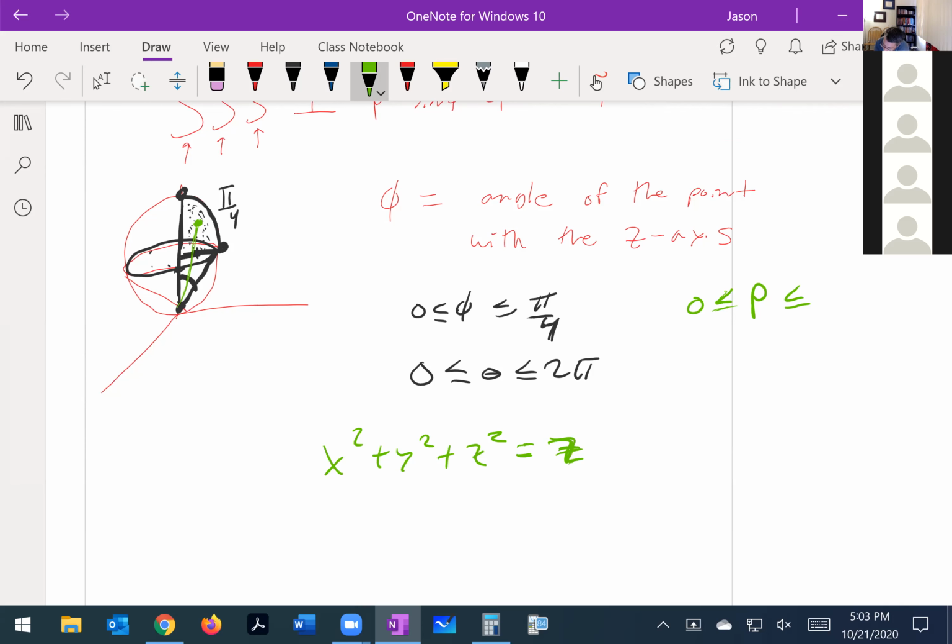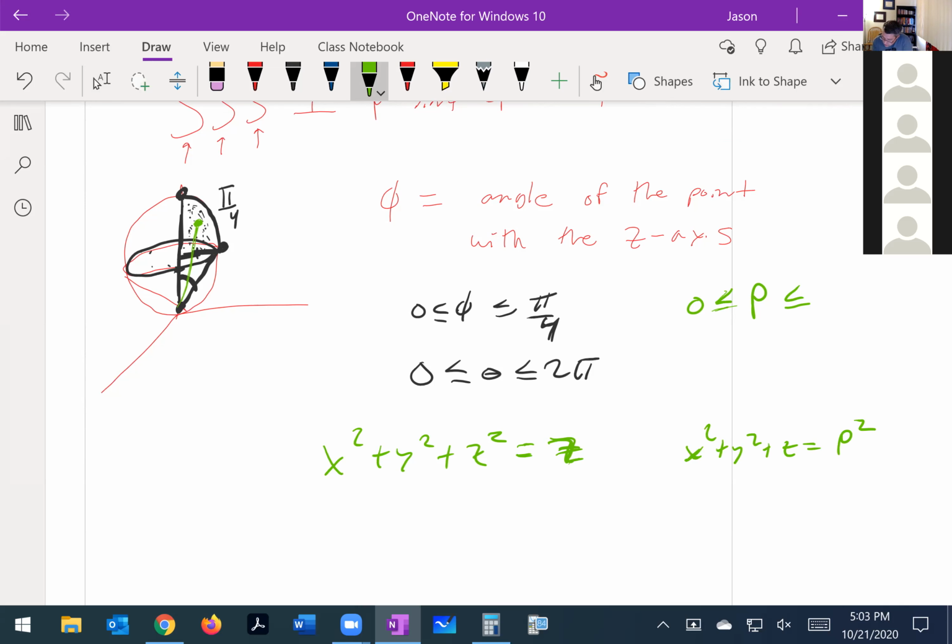What is x squared plus y squared plus z squared? The equation of a sphere. No, the equation of a sphere is x squared plus y squared plus z squared equals rho squared.